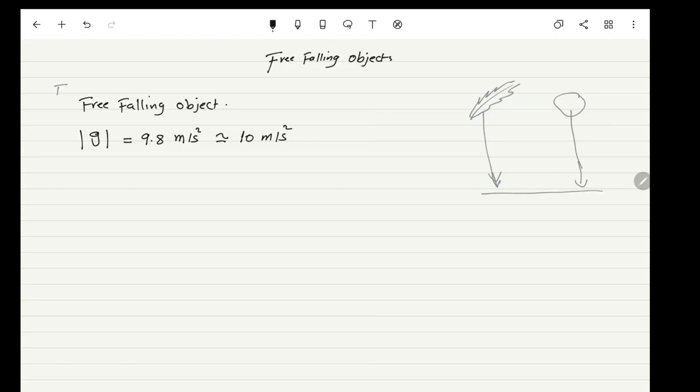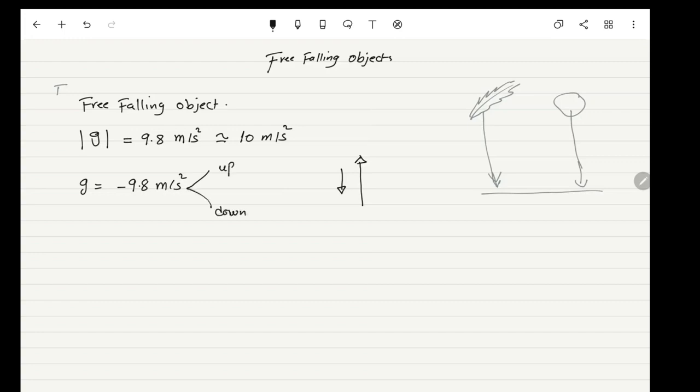Now if we consider y in the positive up direction, g will be directed downward. So g is negative: g equals minus 9.8 meters per second squared. And this acceleration is the same whether the object is moving up or moving down.